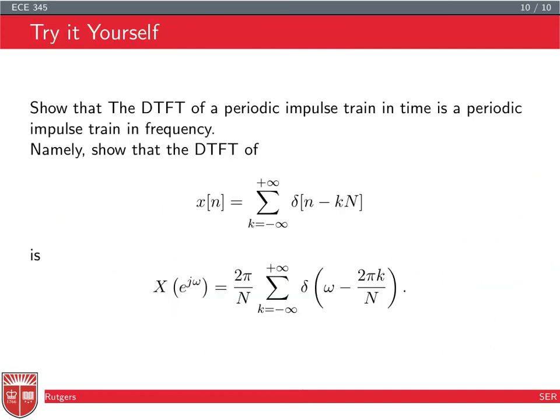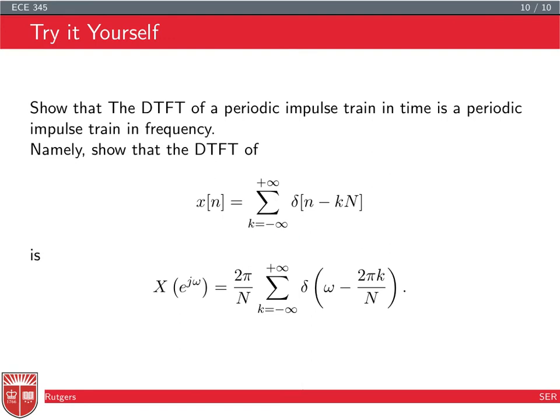And at the end of this lecture, I have a do-it-yourself exercise, and the exercise is to show that the DTFT of a periodic impulse train in time is a periodic impulse train in frequency of the same form.